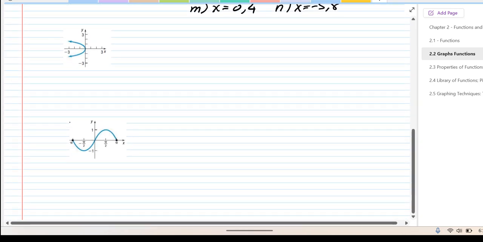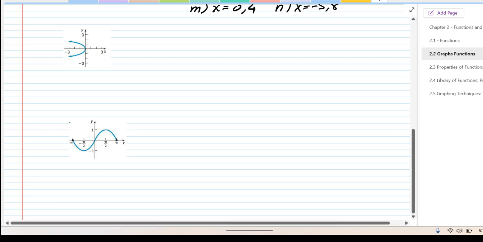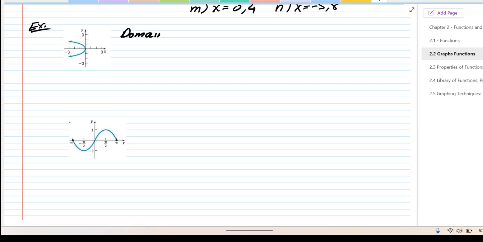Now, for these next 2 graphs, we want to find the domain and range. Here's an example. The domain of this function is all possible x values. Notice it can go forever, indefinitely, so your x's keep going on the left side. So my domain is going to be from -infinity up to 0, including 0.